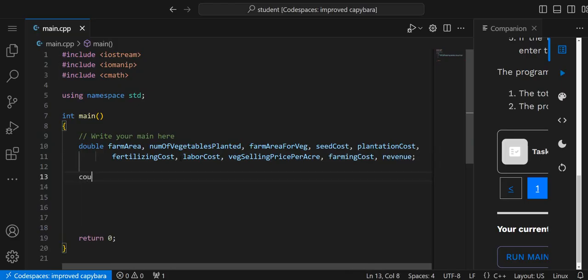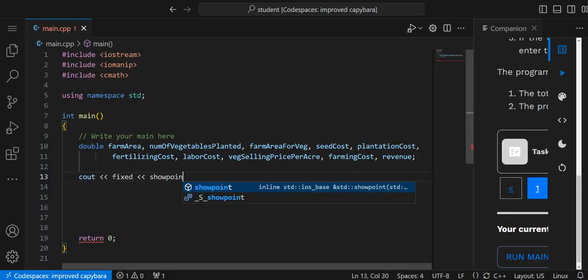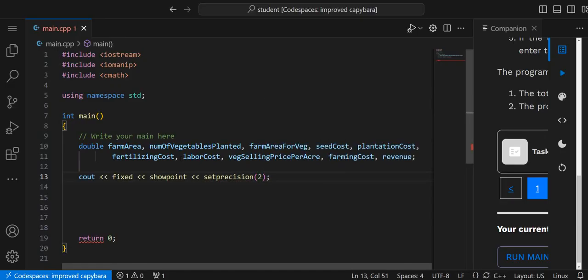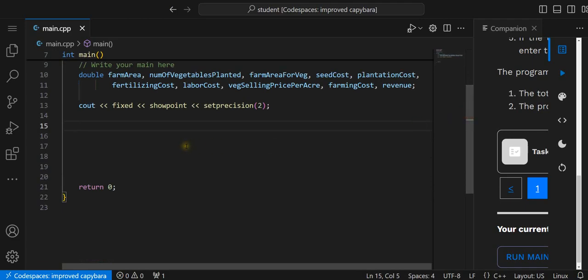Let's go ahead and set our precision. Fixed, showpoint, setprecision 2. Scroll this up. All right, next we're going to do cout, enter farm area in acres.